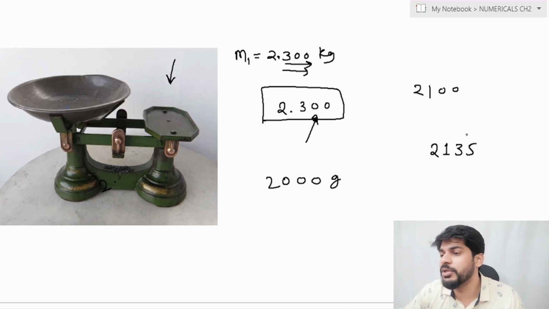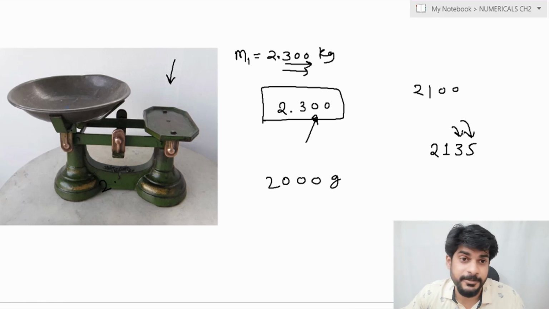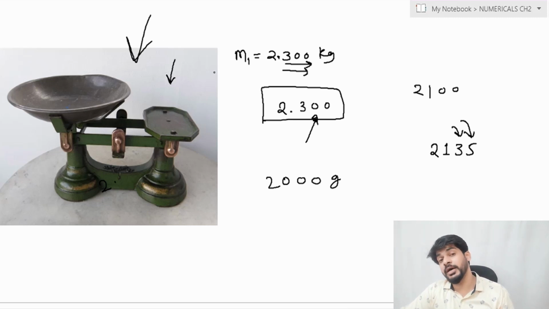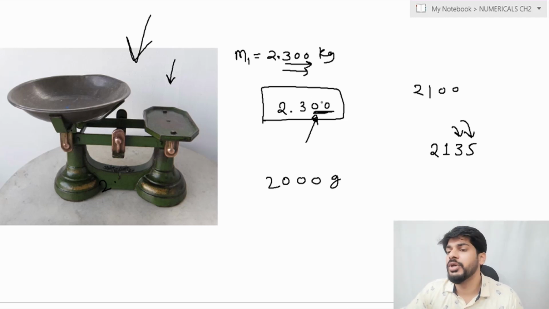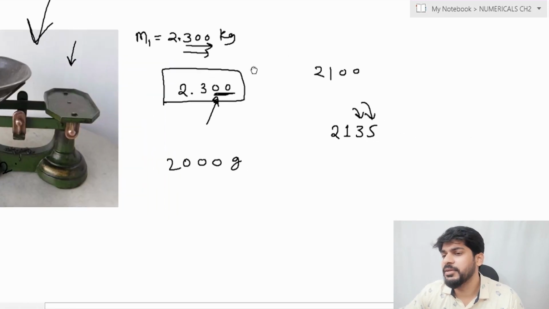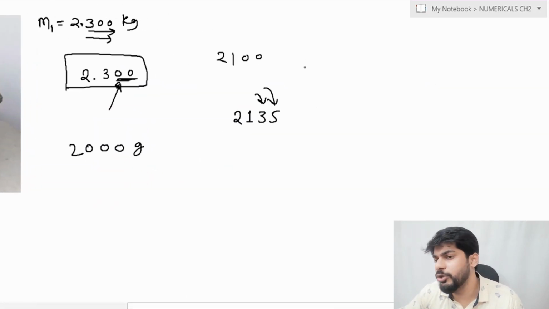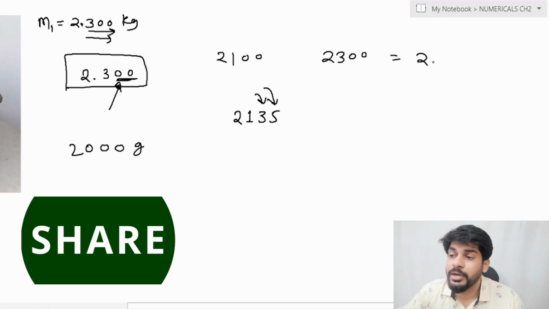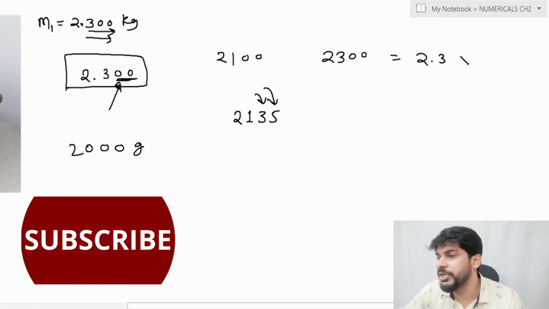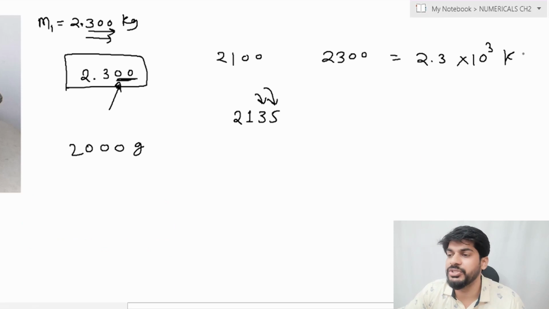So that means the third and fourth digits are always, or most of the times, uncertain. So the actual value of this is 2300, which can be written as 2.3 times 10 raised to 3 kg.